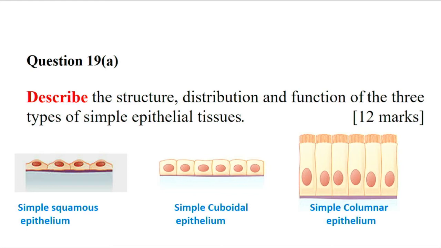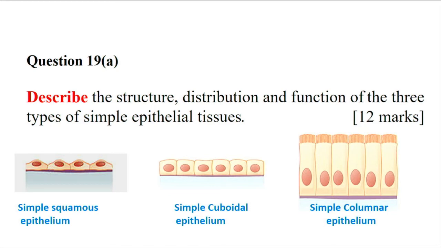Students, to answer this question, you have to remember what are the three types of simple epithelial tissue. You may refer to the diagram. They are simple squamous epithelium, simple cuboidal epithelium, and the third one is simple columnar epithelium.